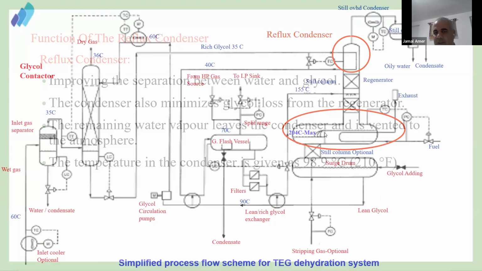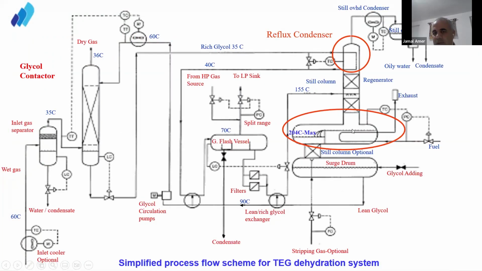This weir should maintain a level of glycol higher than the fire tube. Because in some cases, due to malfunction of the reboiler, the level of glycol may for any reason become lower than this weir, and some of the fire tube is exposed.